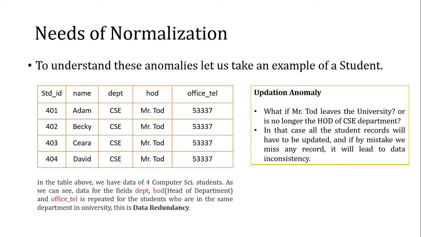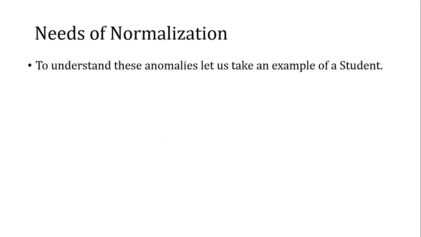If the head of the department is changed after one or two years, we have to change the name of the head of the department in all the data. But this is not easy, because if we change 1,000 records manually, it may cause problems. Some data can be corrupted, and some data will face an inconsistent state. So that is the problem that normalization addresses.